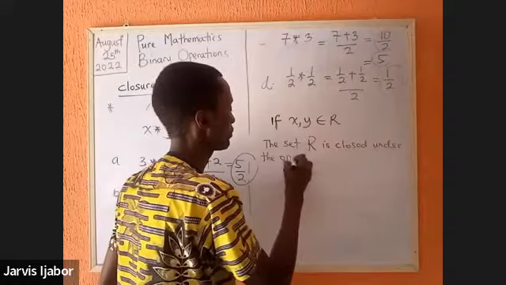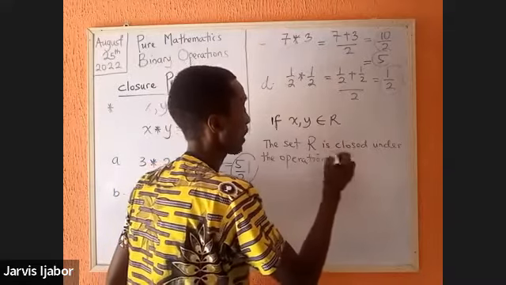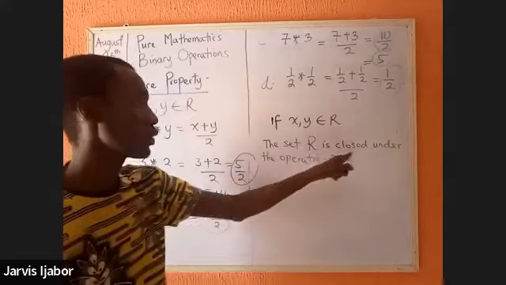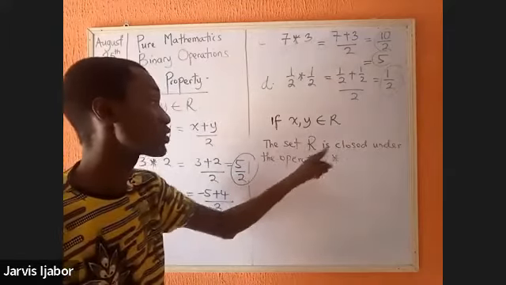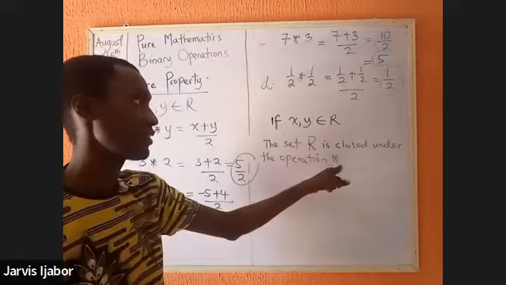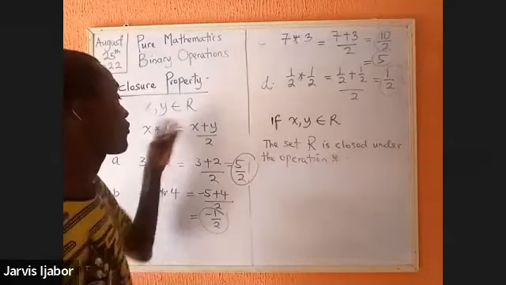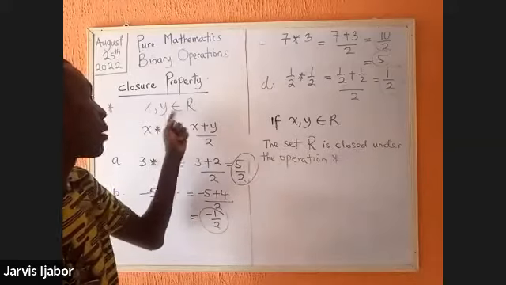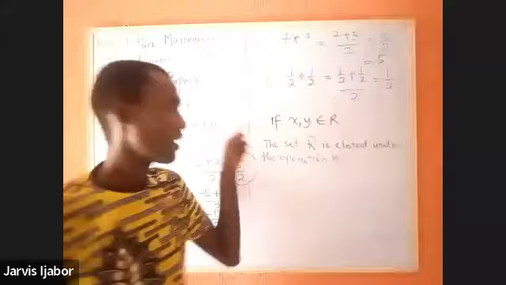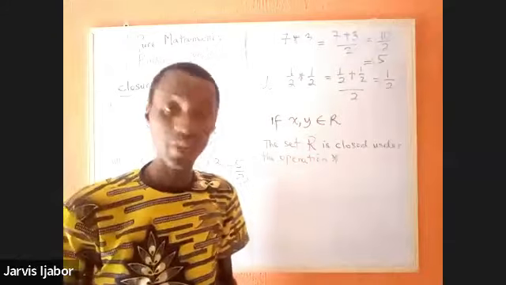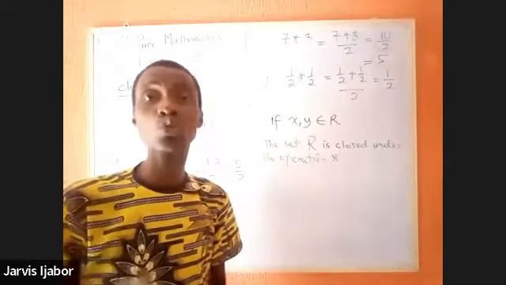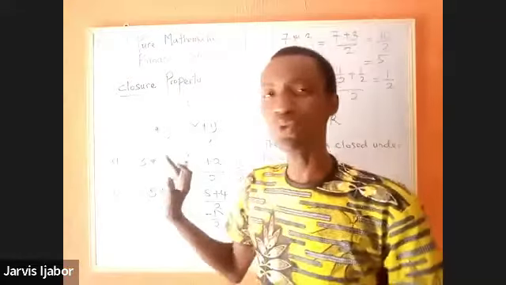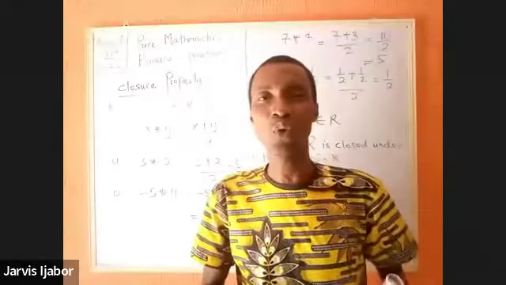So it means that as long as I furnish this set with any number that is real, the set will be closed. We will also have another class where we will just solve problems, but this class is just focusing on trying to give you the understanding of what to do.